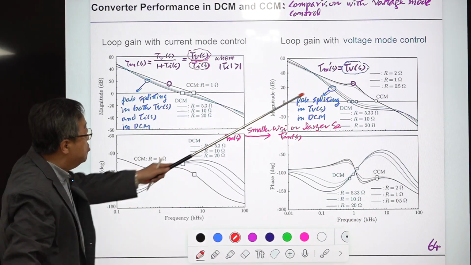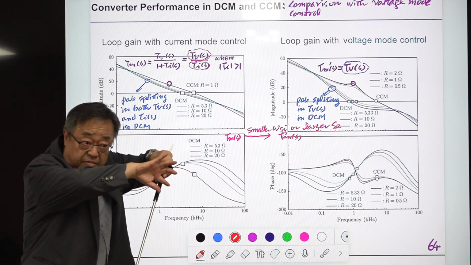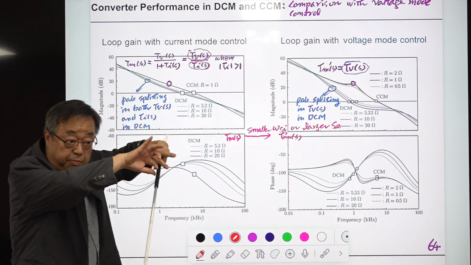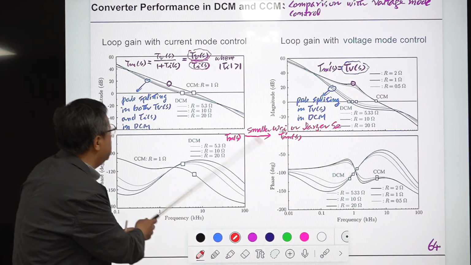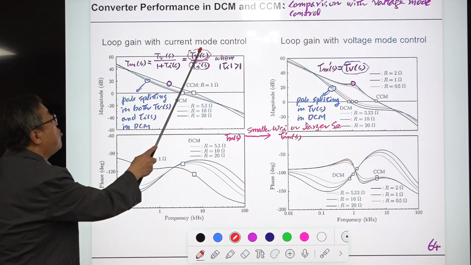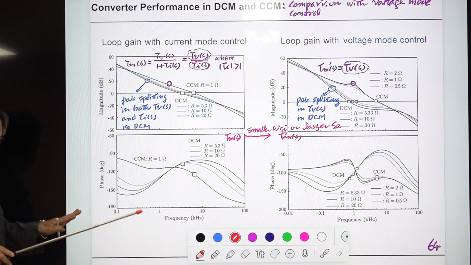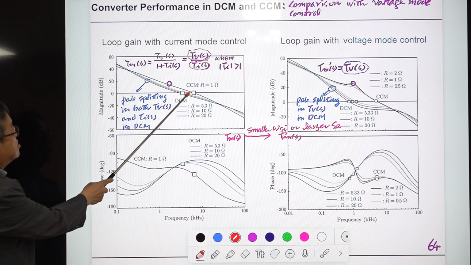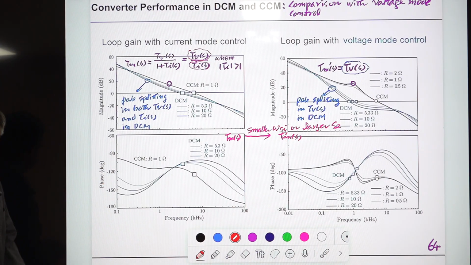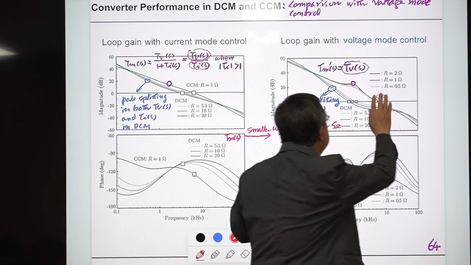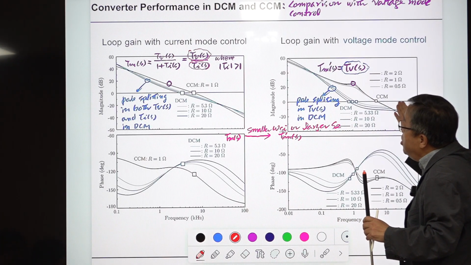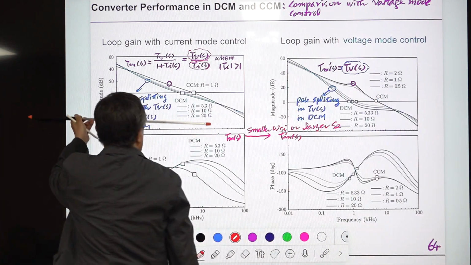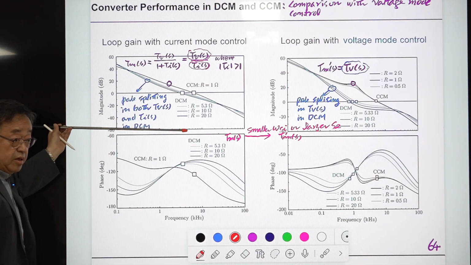In voltage mode you have only T_BS, so the splitting of the double pole directly influences the loop gain, but here the splitting occurs in both places, so they cancel. There is no effect. So this loop gain and this loop gain are almost the same, not exactly the same, but almost. There is no huge difference between CCM and DCM, as is the case with voltage mode control; that kind of phenomenon is not occurring here. They remain the same, right?